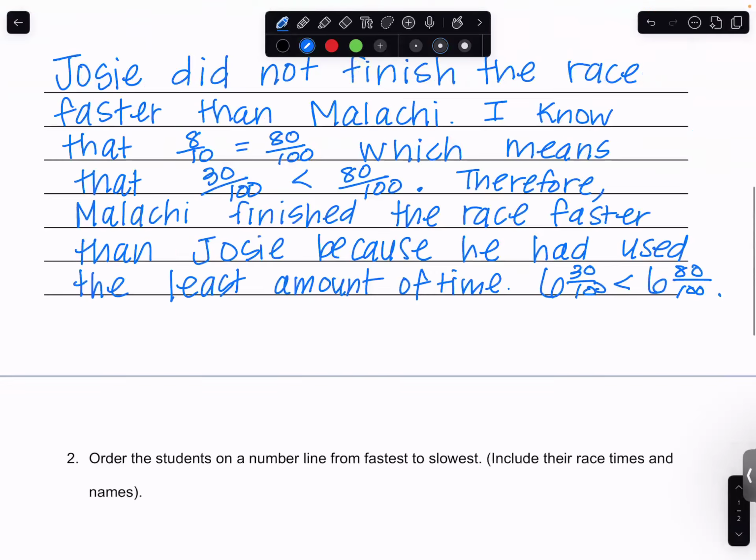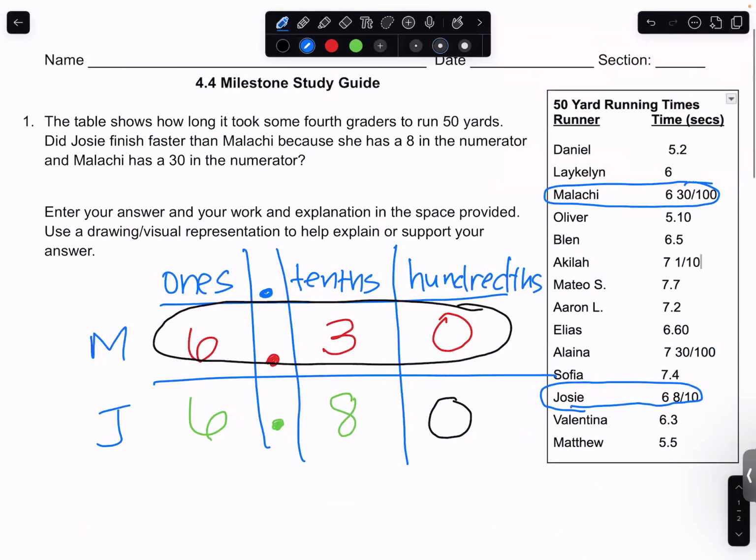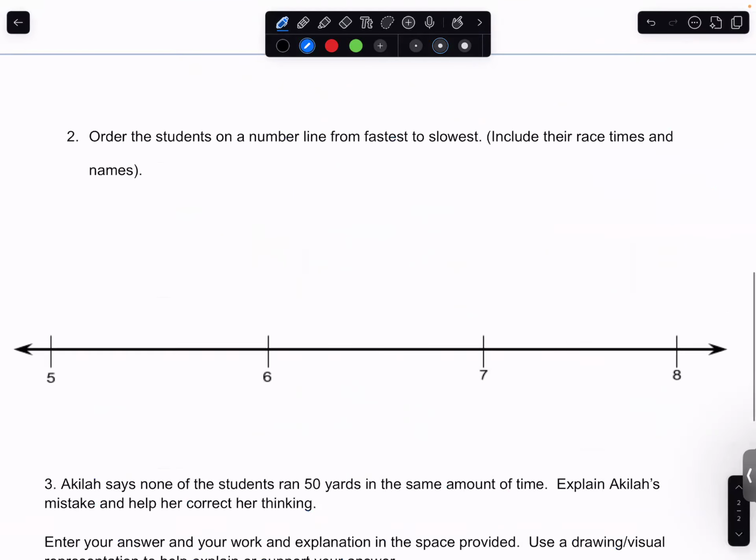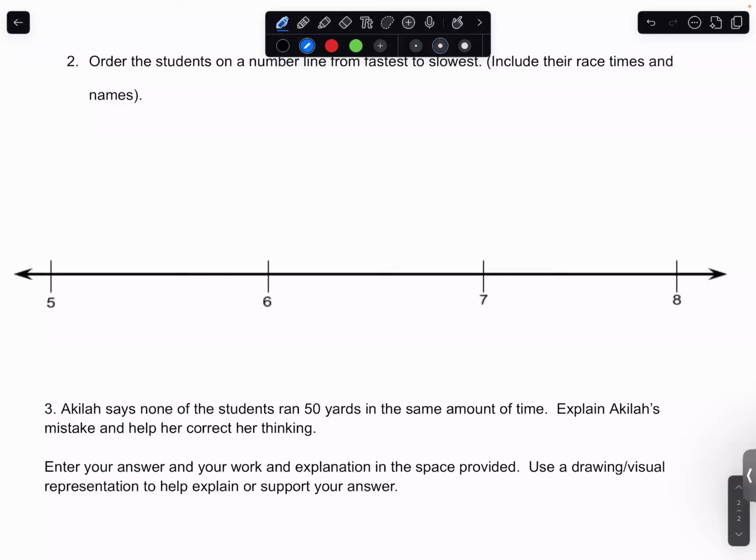So we're gonna go in order. We're gonna start with Daniel. He ran 5 and 2 tenths. So I know he's going to be between the 5 and the 6. If we're right in the middle, I know this is 5.5. So Daniel is going to be around here.